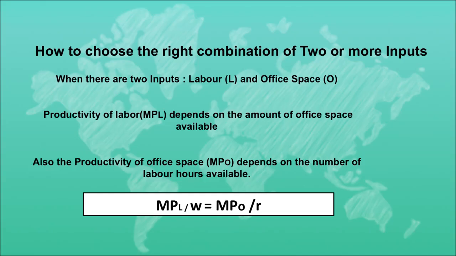So now I can take these two relationships and I can rewrite them in this particular way. I can write them as the marginal product of labor divided by the wage rate is equal to the marginal product of office space divided by the price of office space.